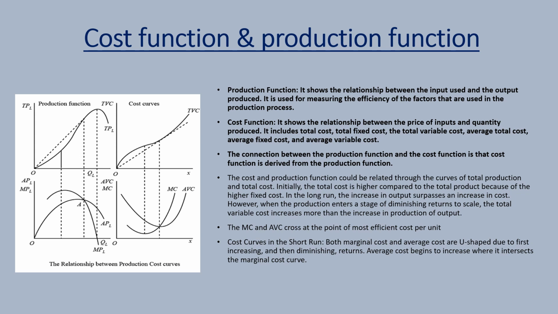Now, in terms of cost curves in the short run, both the marginal cost and the average cost are U-shaped, first due to increasing and then diminishing returns. Average cost begins to increase where it intersects with the marginal cost curve. So once you understand this, then you have a good understanding of your production curves and your cost curves.